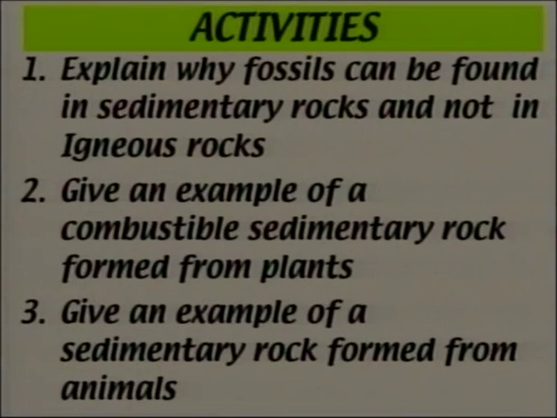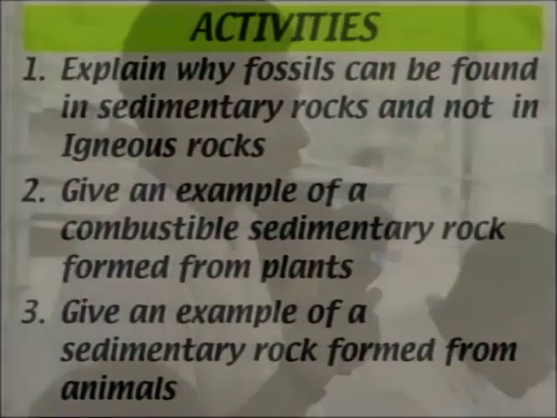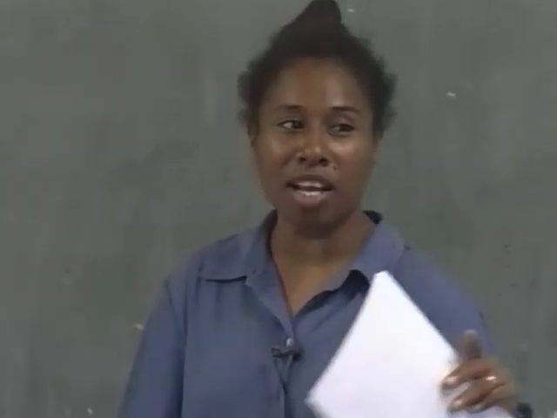Trowen, give us an example of a sedimentary rock formed from animals. Limestone. We said that limestone was a chemical sedimentary rock. Not from animals. No? Okay, someone else would like to give us another example.